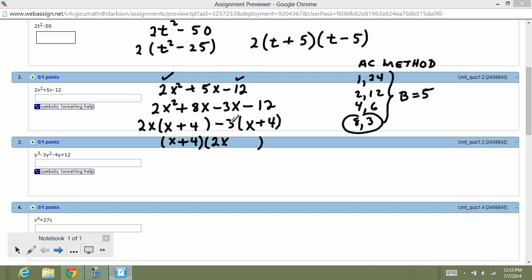And of course, the minus 3 times x plus 4 divided by the x plus 4 yields a minus 3. So there's your final answer in some order. You might have had the 2x minus 3 times the x plus 4 first, but by commutativity, of course, the order doesn't matter.